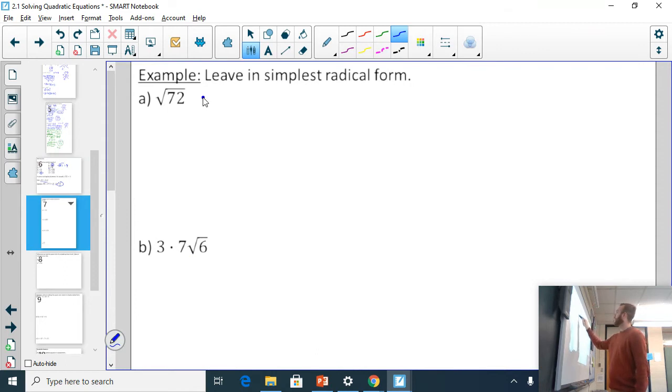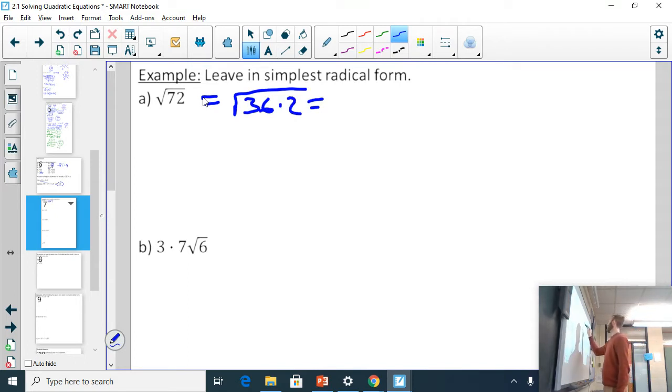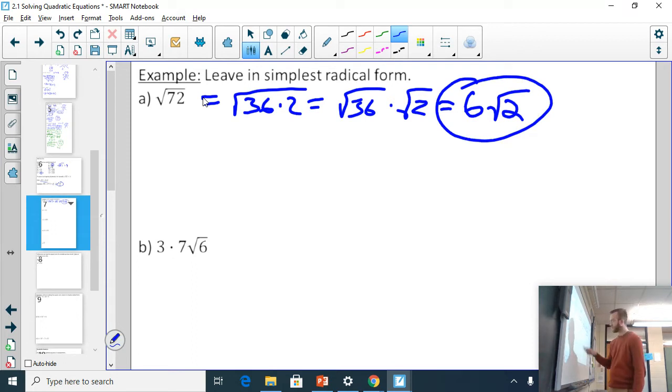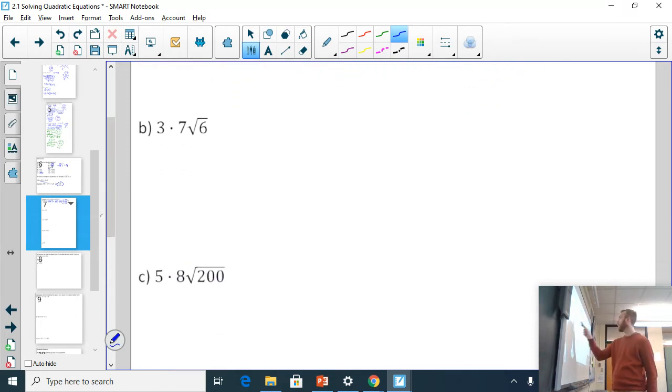So this is the same thing as the square root of 36 times 2, which is the same thing as the square root of 36 times the square root of 2.